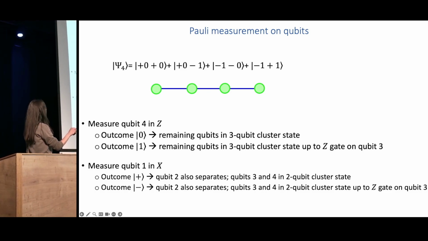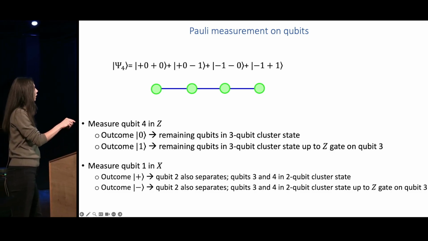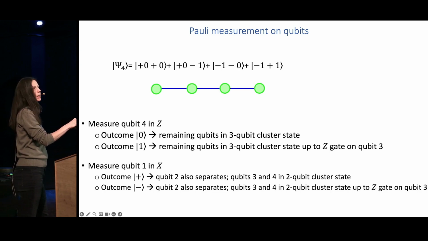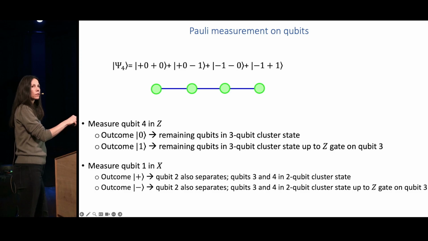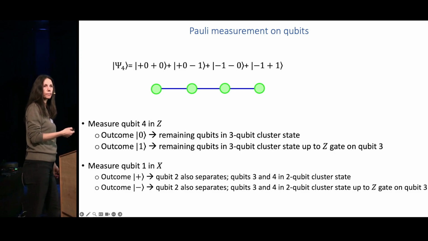But what do I get for the other two? I get plus 0, plus minus 1, which is equivalent to what state? A 2-qubit state. It's equivalent to a Bell state, right? It's a Bell state up to an X gate.